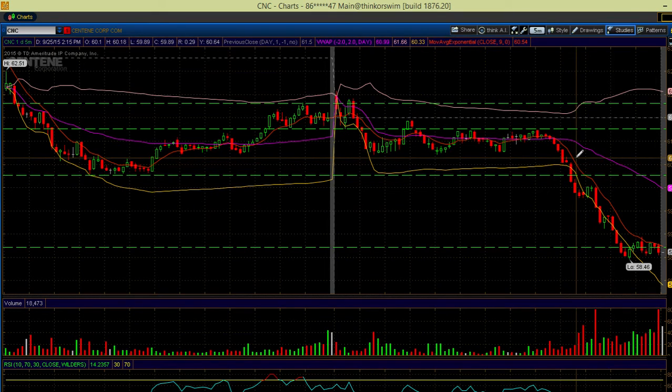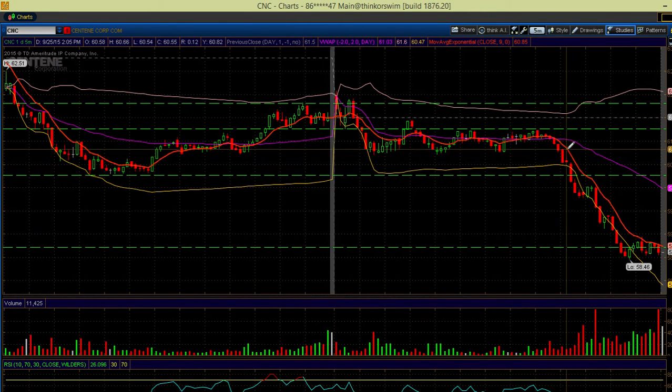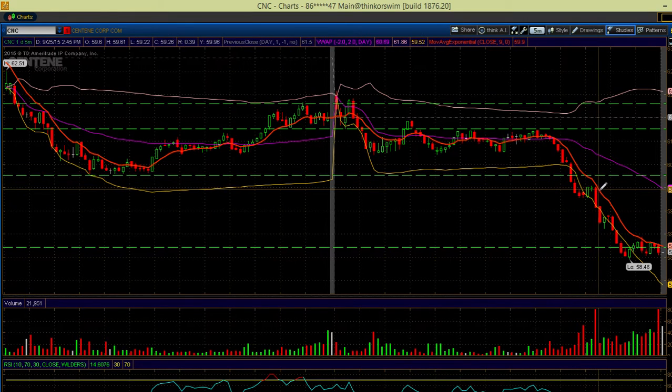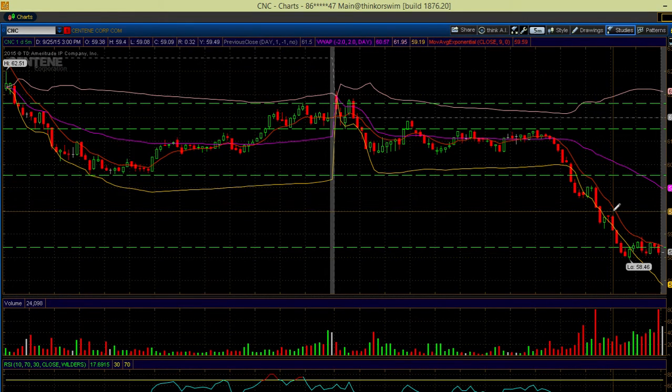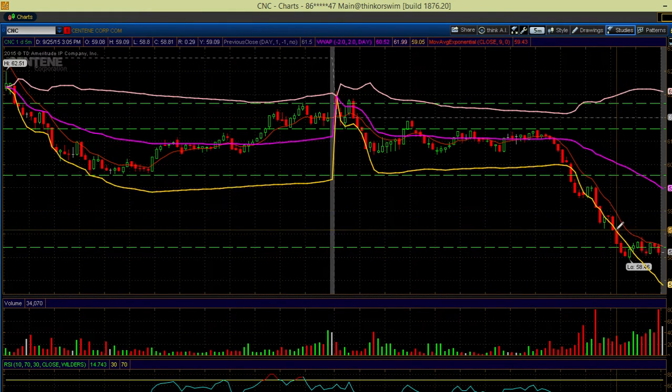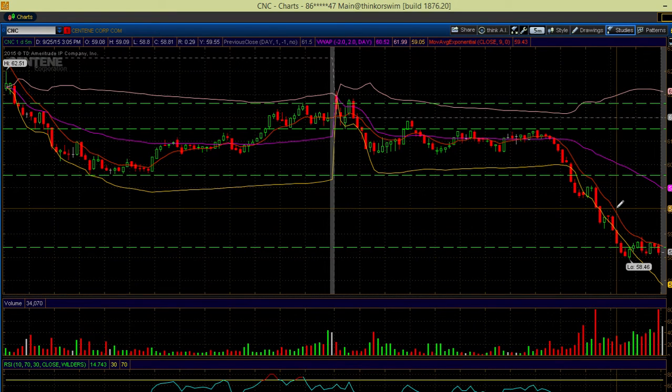Any close above it, and it has to close above it because there are algos and institutional traders that trade off the 9. I know it for a fact because I've seen tickers pop up to the 9. You have a nice wick up 20-30 cents taking out stop orders.